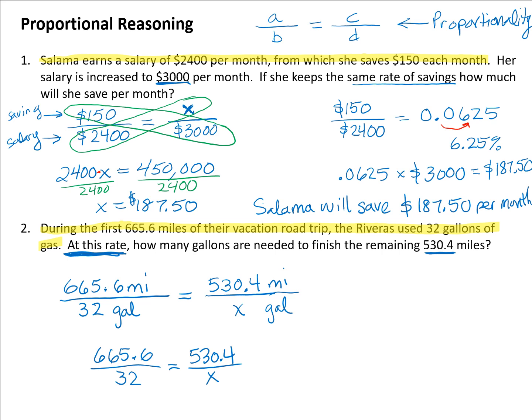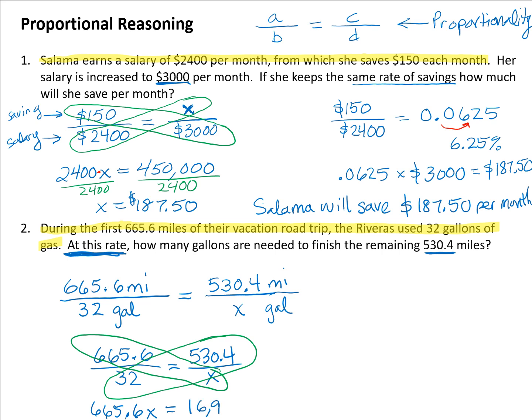Again, we've got this proportion problem. We can use real basic cross product algebra to solve this. So 665.6x equals 32 times 530.4. I'll just do that calculation. 32 times 530.4 gives me 16,972.8.